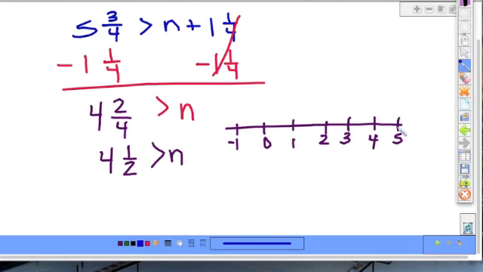Now 4 1/2 is going to be between 4 and 5, so it's going to go right about here. And it's saying that 4 1/2 is greater than n. So that means n has to be less than 4.5, which means it goes in this direction. It's less than 4.5. So it goes in that direction and give it a little arrow at the end.